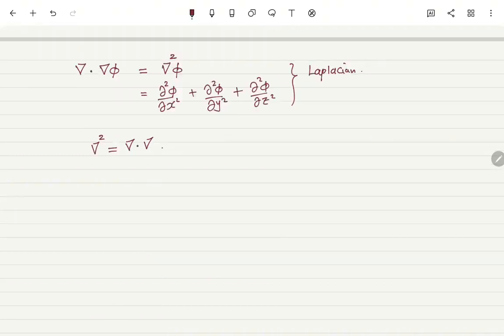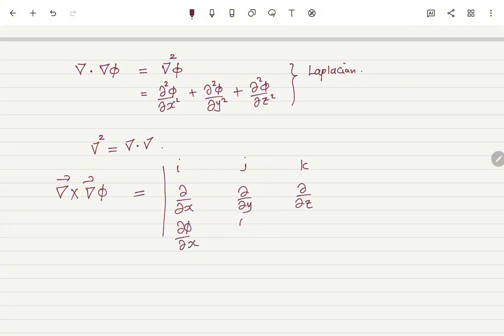Now, let's discuss the curl of the gradient phi. Again, open a determinant: i, j, k, partial x, partial y, partial z, and the gradient components are partial phi partial x, partial phi partial y, partial phi partial z.